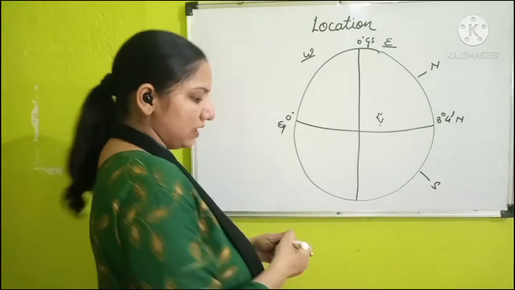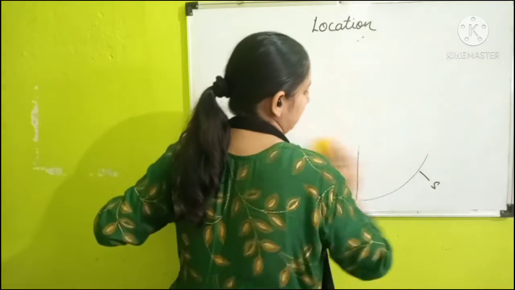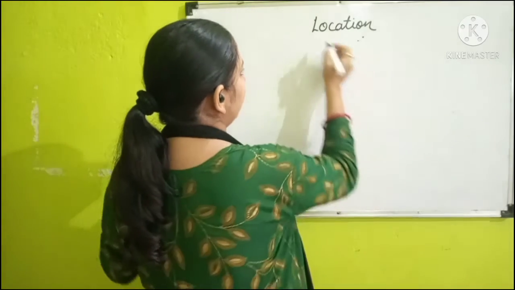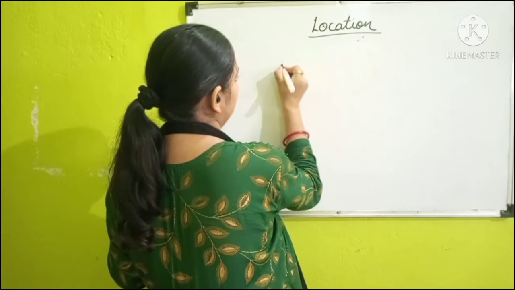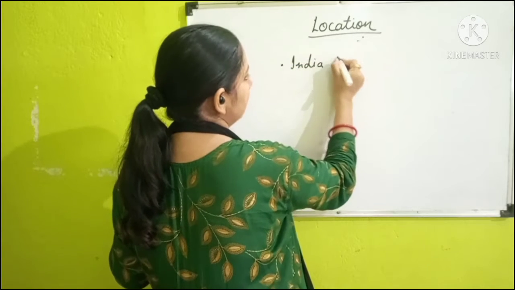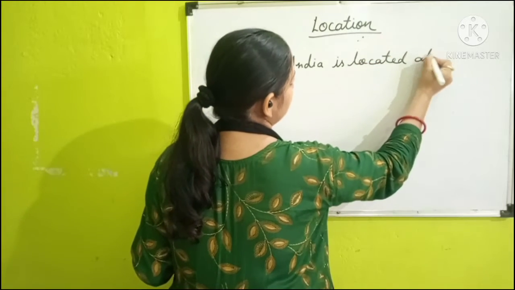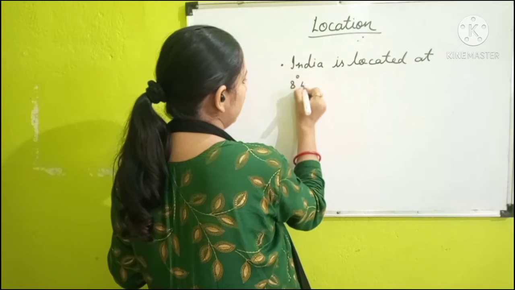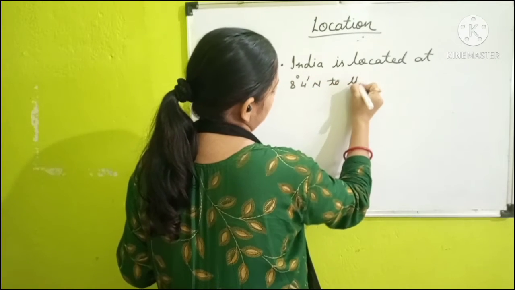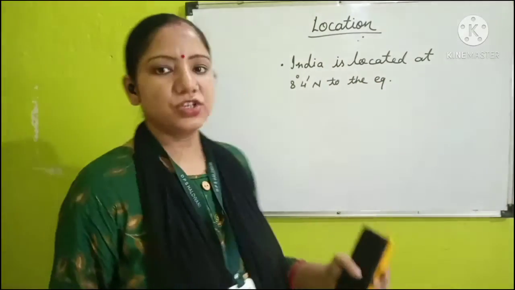So here we can say that India is located at 8 degree 4 minute north of the equator. That is the location of our country.